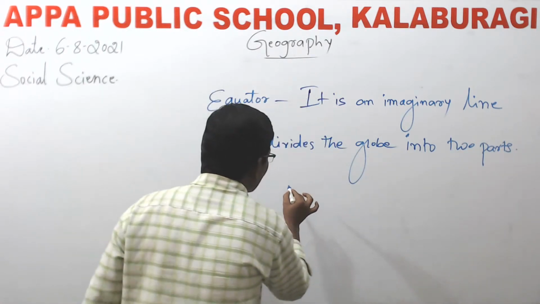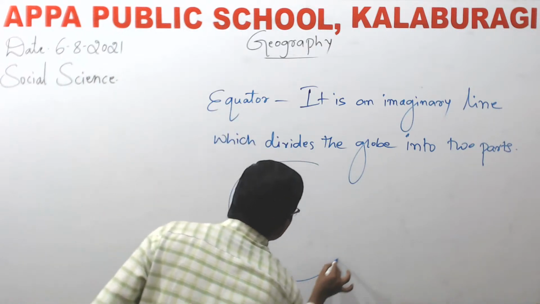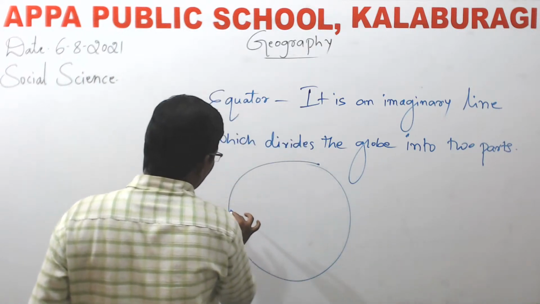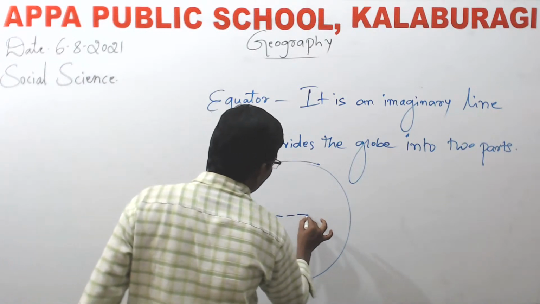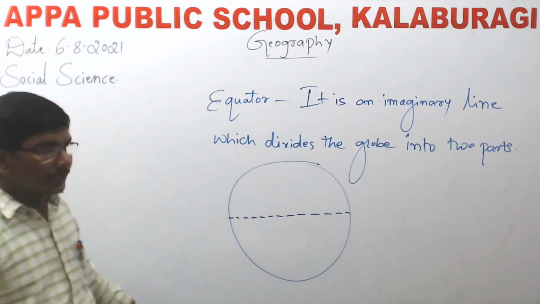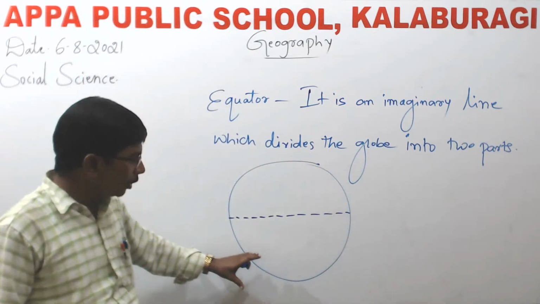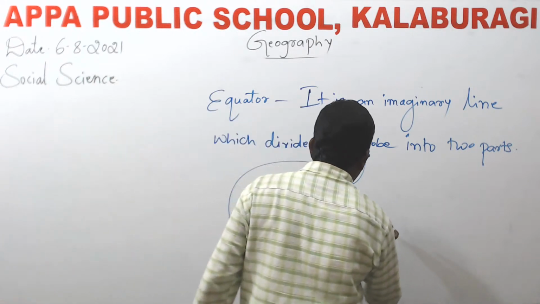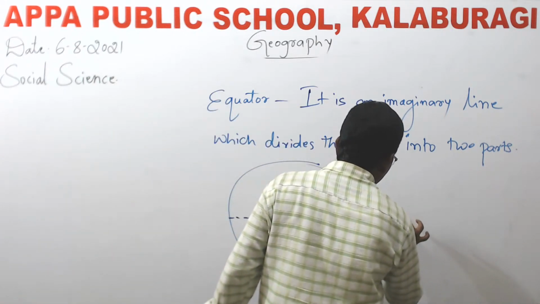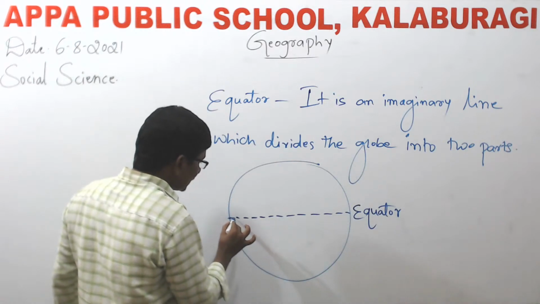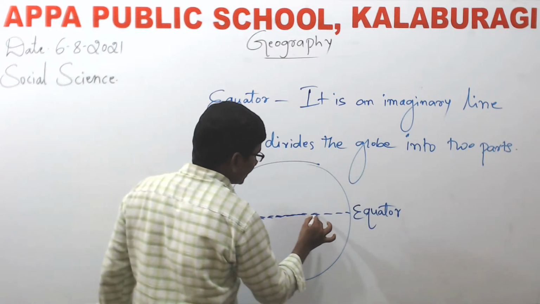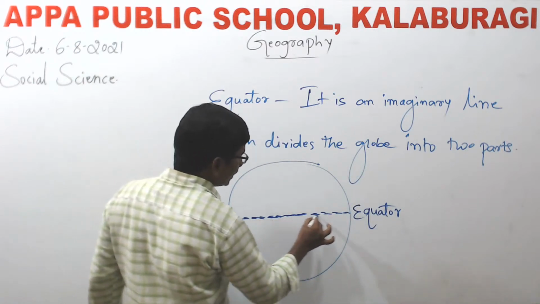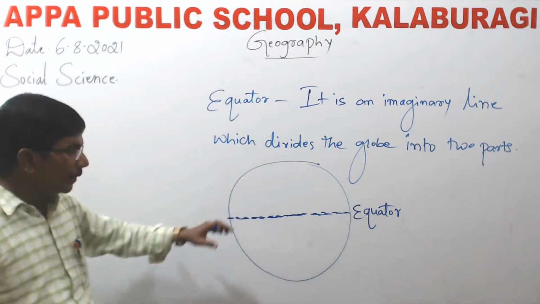Example, I will tell you that. Imagine that this is a globe, and this is called equator. The center imaginary line is called equator.